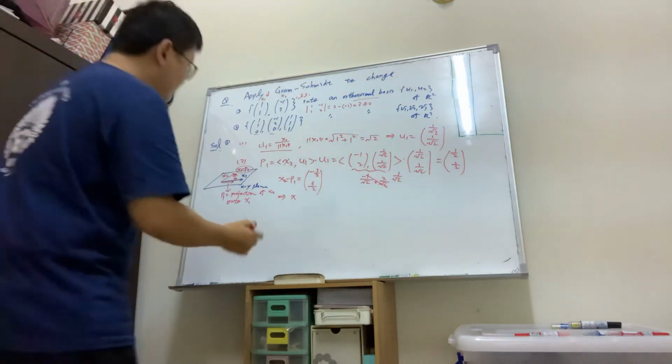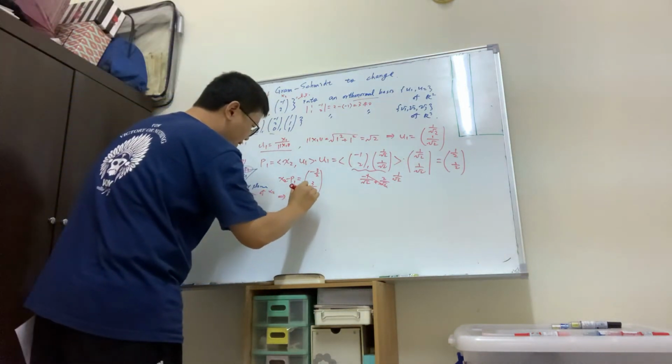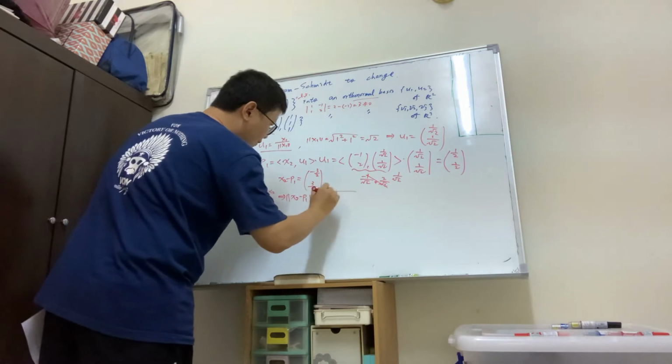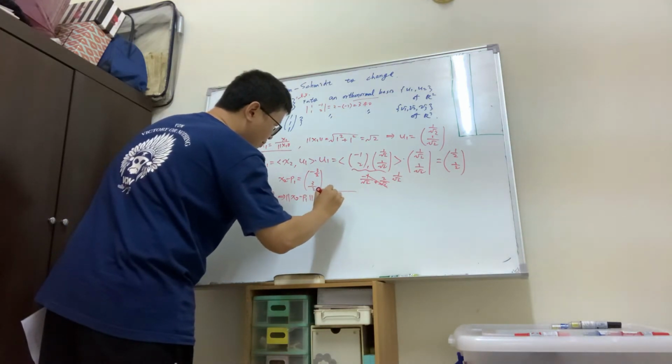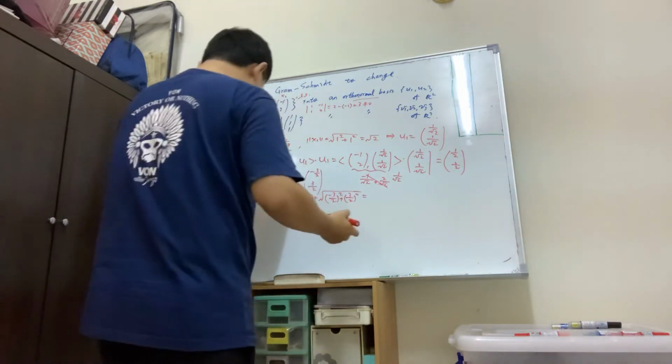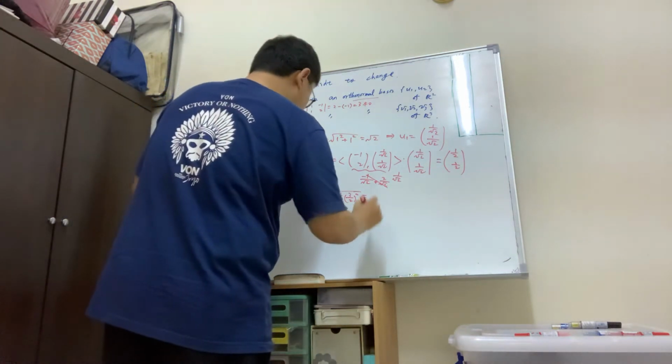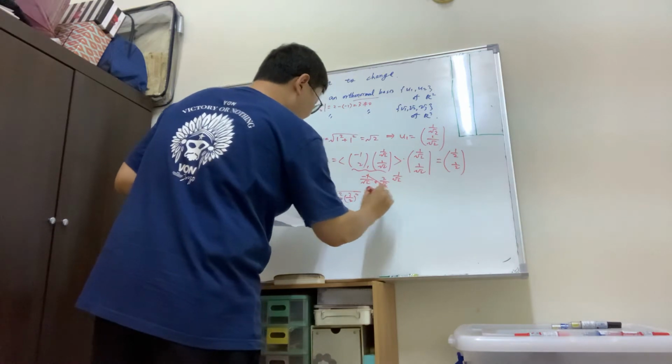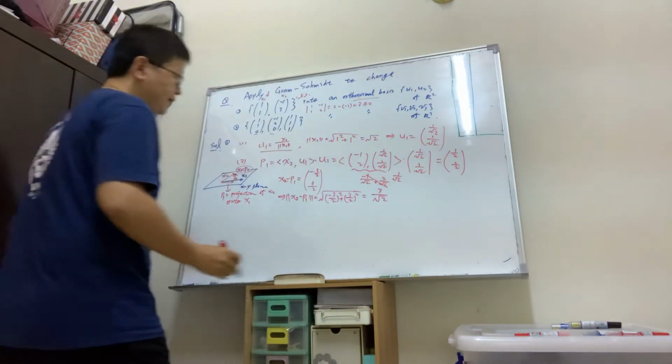Its length is the square root of negative 3/2 squared plus 3/2 squared. You could check it: it's equal to 3 over square root of 2.